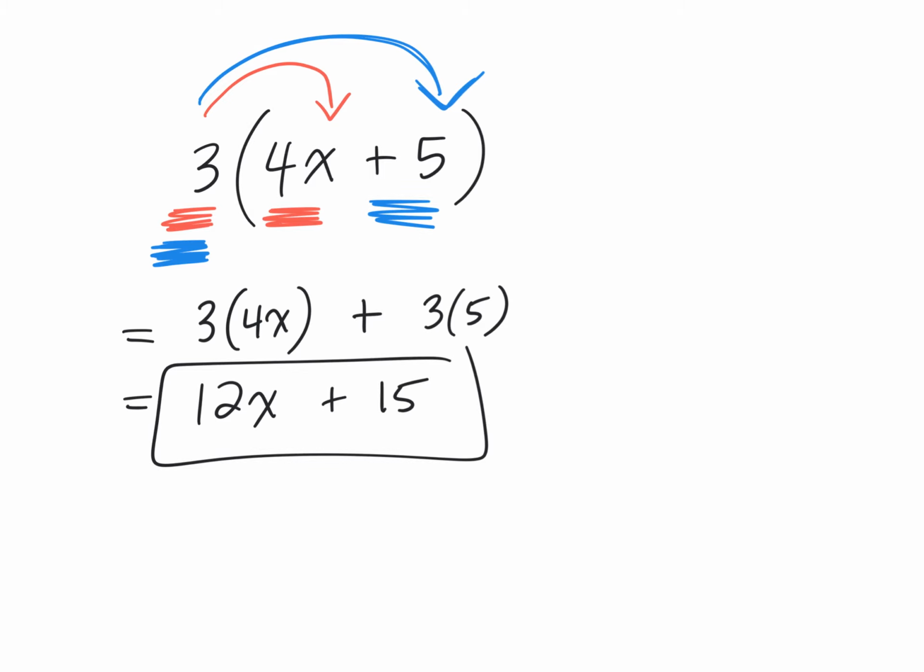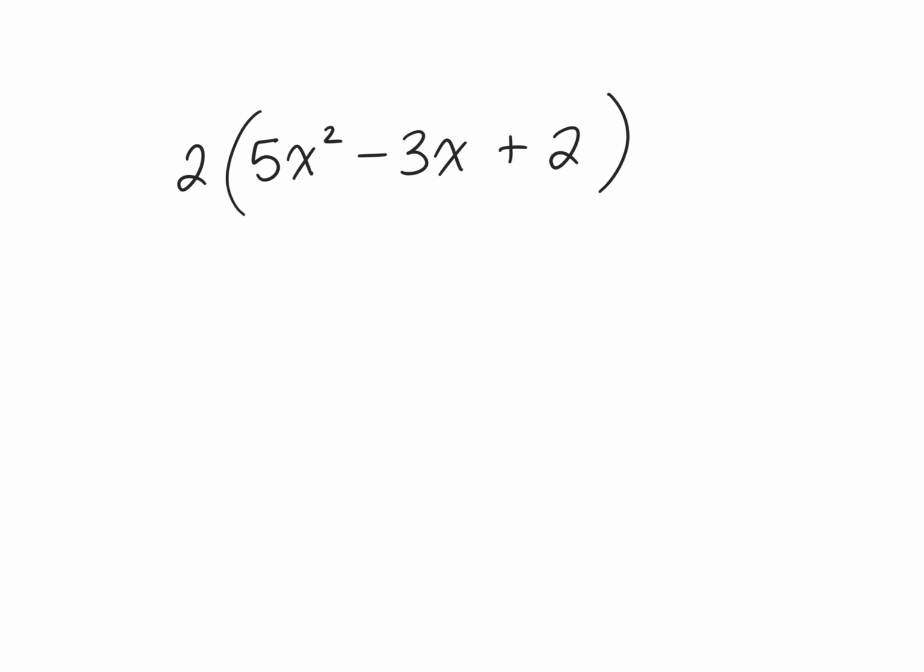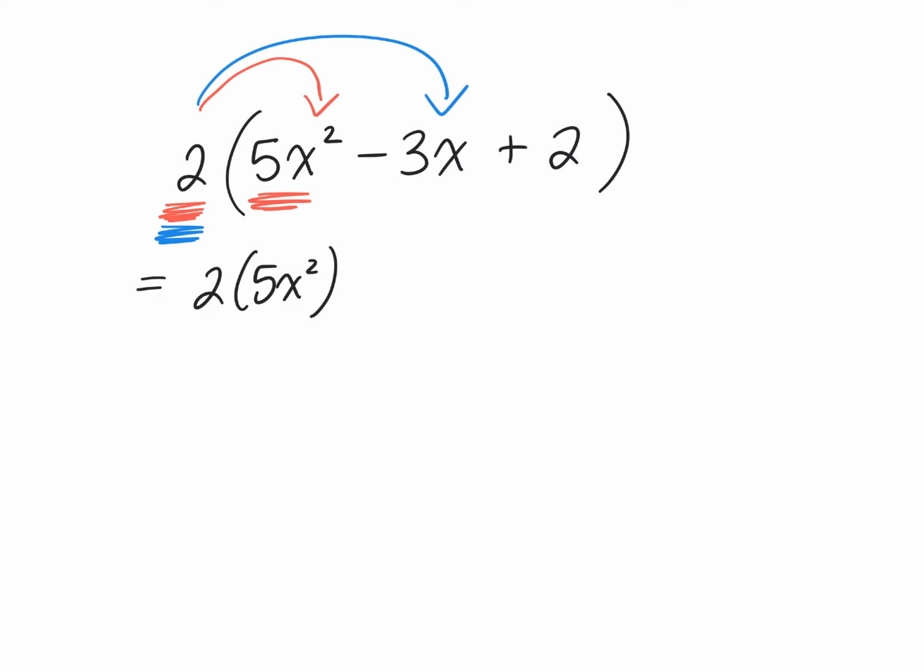So if there were 3 terms inside the bracket, let's do one like that. The first thing we're doing, look here please, is we're taking the 2 and multiplying it by the 5x squared. So if I have 5x squared and I multiply it by 2, right? Then what's the second part we're doing? We're taking the 2 again, and what do I need to multiply it by? Choice said 3.